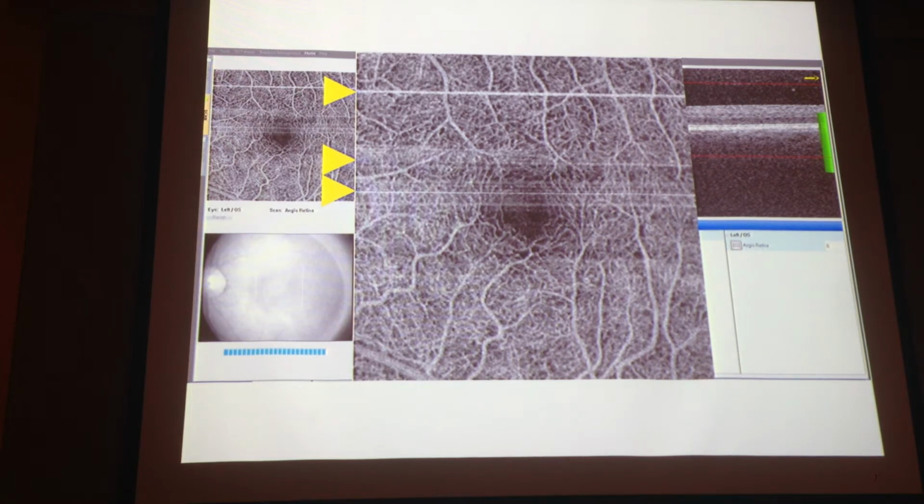And what are these artifacts? They are just the movement of the eye, and any movement, of course, the instrument considers as something, vessels or anything. And so you have such an image. The OCTA is acquiring horizontal and vertical scans, and then the software is aligning and eliminating all these lines.